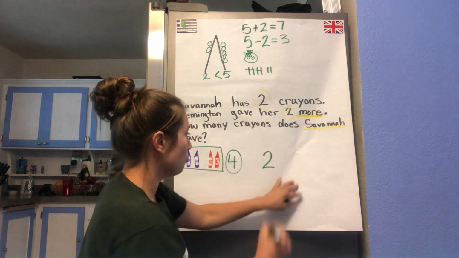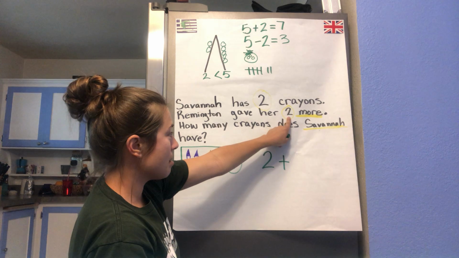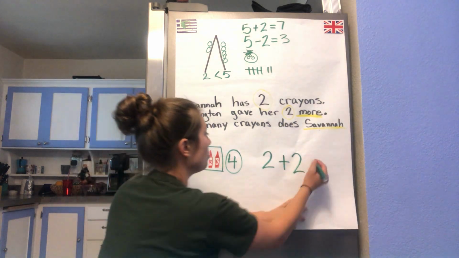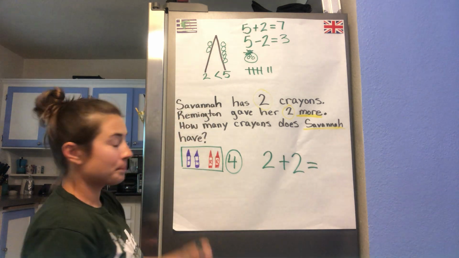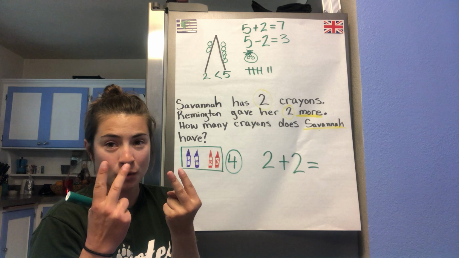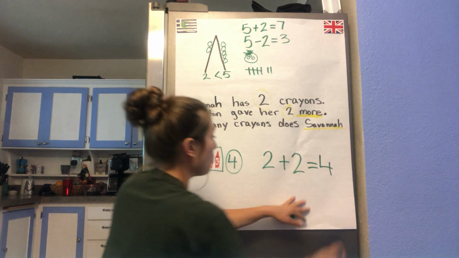Remington gave her 2 more. More means we're going to add. And the number that we've highlighted is 2. 2 plus 2 is the same as... 2 plus 2, 3, 4. 2 plus 2 is the same as 4.